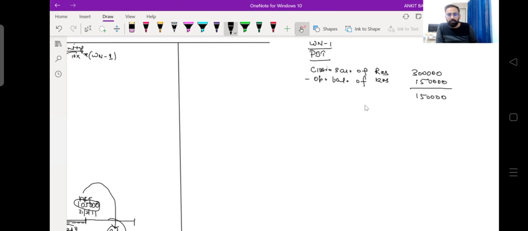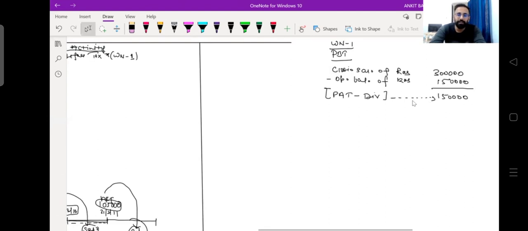What we do is transfer profit after tax, after deducting dividend if the company has paid any dividend, to the reserve and surplus account. Here we have to calculate PBT, and this balance is profit after tax after the dividend which we have transferred.